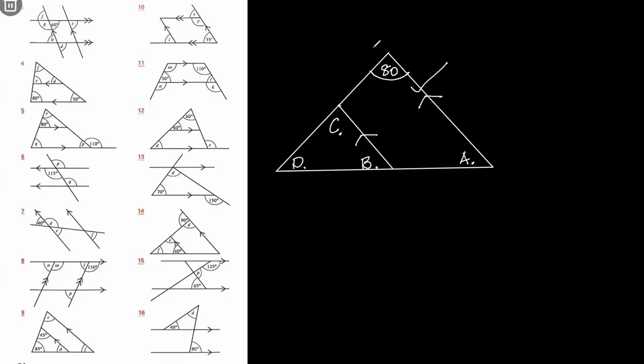So this is the first parallel line. You're not going to look at that. So it cannot be A, because it's on the same parallel line. You have to look at the second parallel line now. So your answer has to be either C or B on the other parallel line.